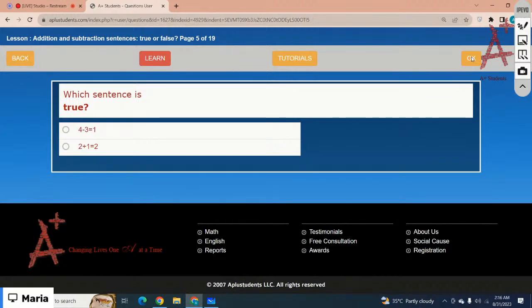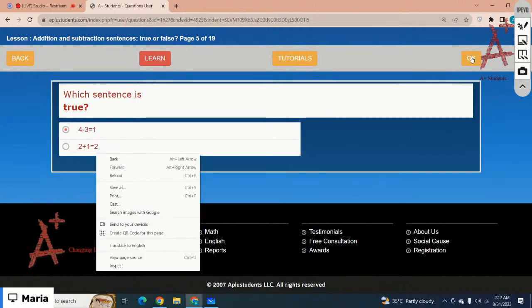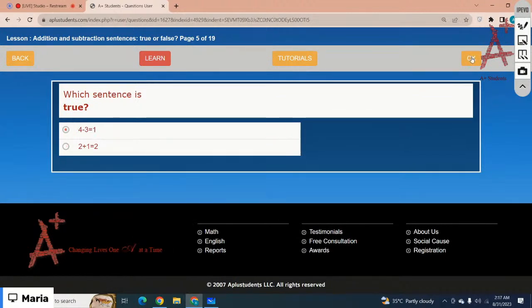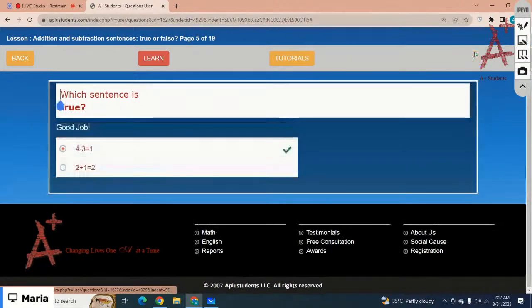So when you subtract 4 take away 3, that equals 1, right? That means option number 1 is the correct one. But just look at the second one. 2 plus 1 equals 3, but here you are given the 2, right? That means option number 1 is the correct one. 4 take away 3 equals 1.